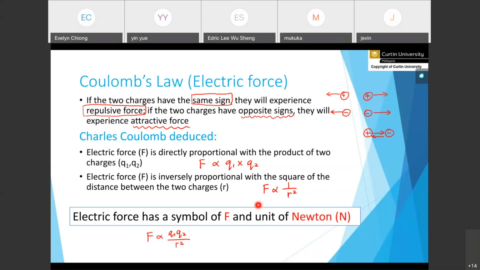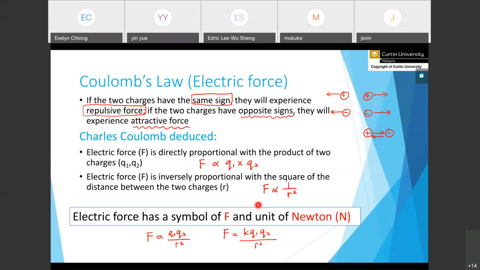If we want to change it to an equation, then we normally need to include a constant. In this case, the constant that we use is K. So F equals K Q1 Q2 divided by R squared. This is Coulomb's law. K is a constant, and later on, we'll tell you what K represents.